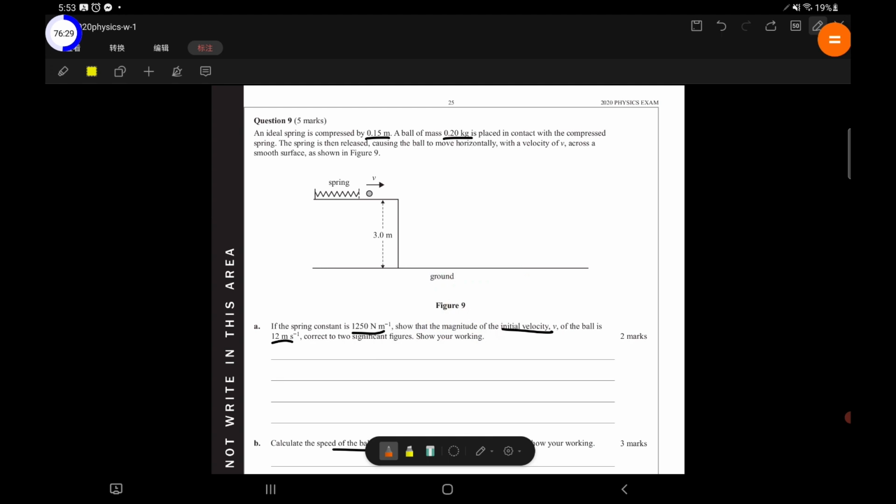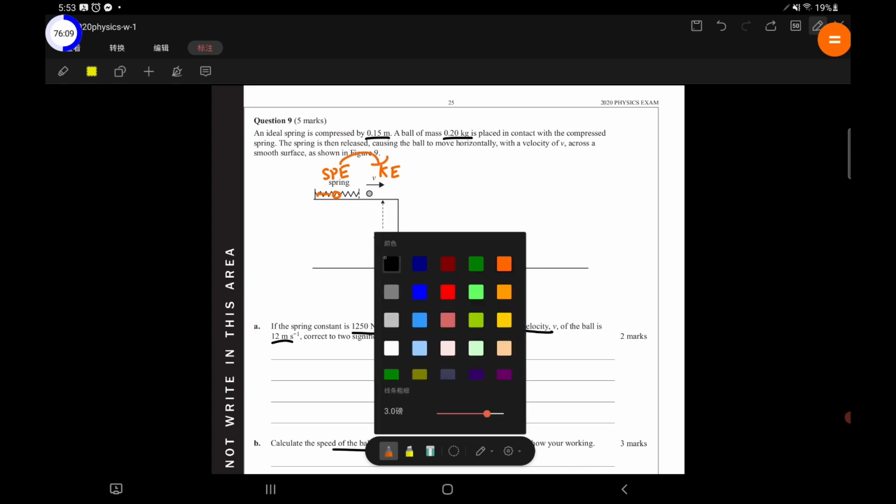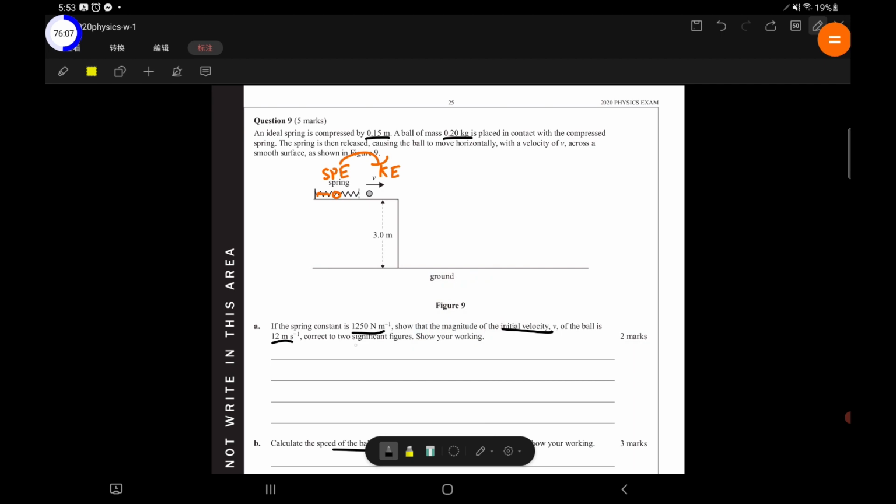We're going to have to use energies in here because we can't possibly solve this with kinematics. That will be way too complicated, wouldn't it? So we have spring potential energy when the spring was compressed, and then we have kinetic energy over there. Spring potential energy converts into kinetic energy. It's that energy that is responsible for propelling the ball.